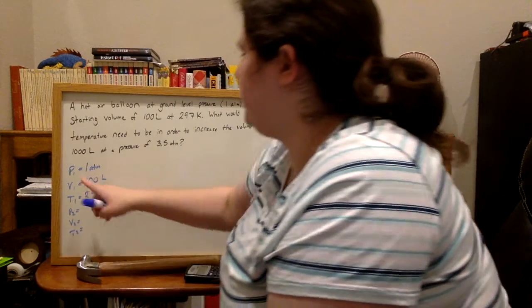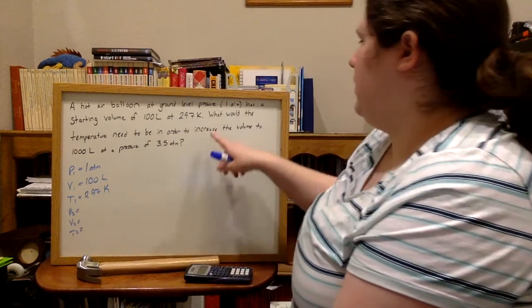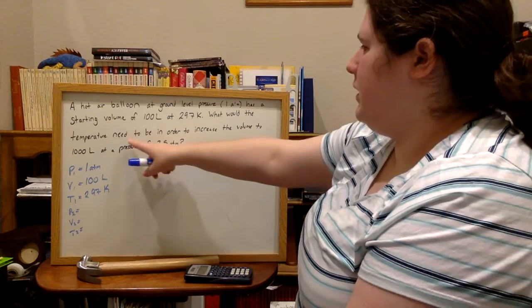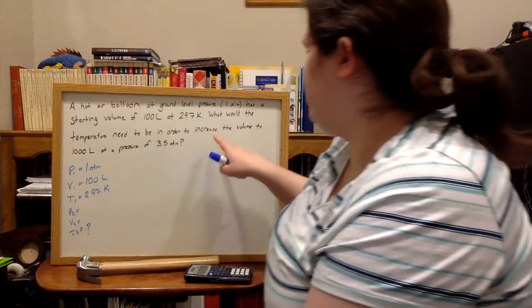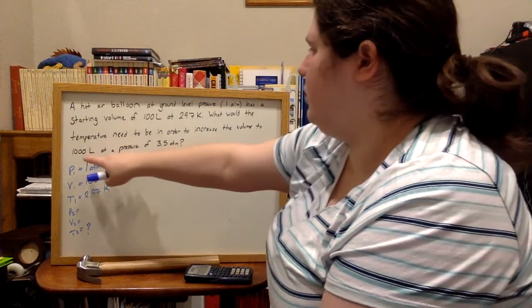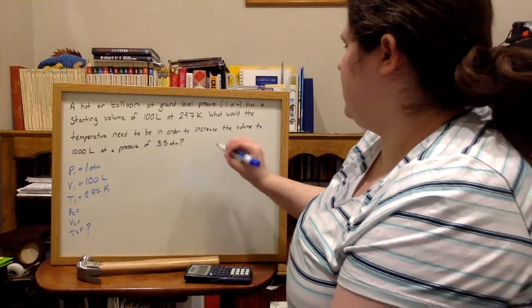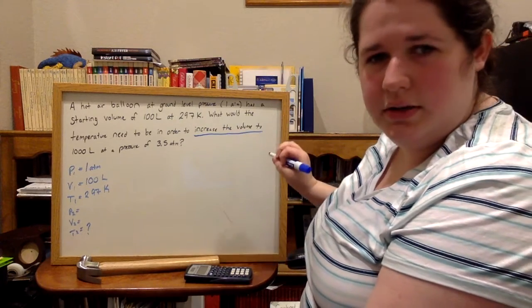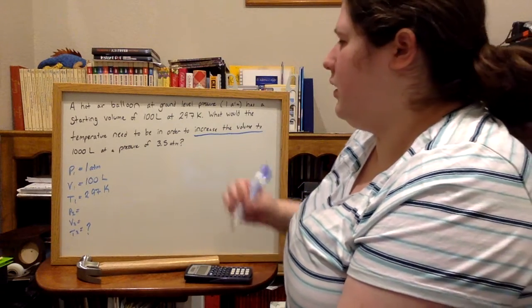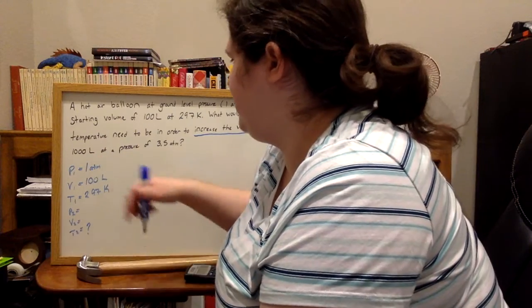Your starting values are always your ones. What would the temperature need to be? So it's asking for temperature in order to increase the volume to 1,000 liters. There's a key phrase right there, increase the volume to. That means we're changing it, which means that's going to be our changed value, or 2.